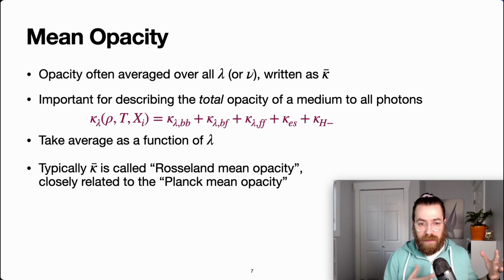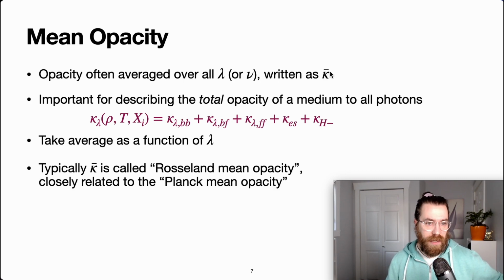So if you've got a simulated atmosphere, for example, where you understand the temperature and the emission sources in the gas or of the star, and you want to talk about the total opacity of all the gas, so how much heating, for example, how much pressure is going into that gas from that heating, you want to average that over all available wavelengths. And so this is usually written as kappa bar.